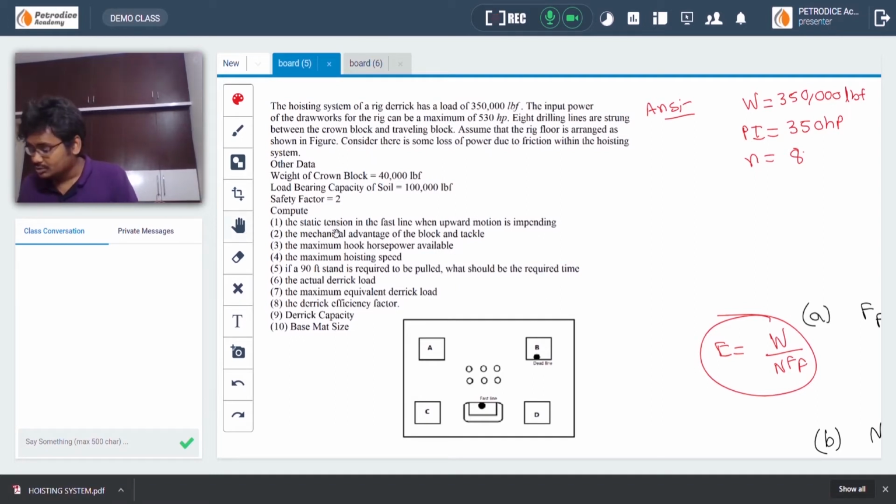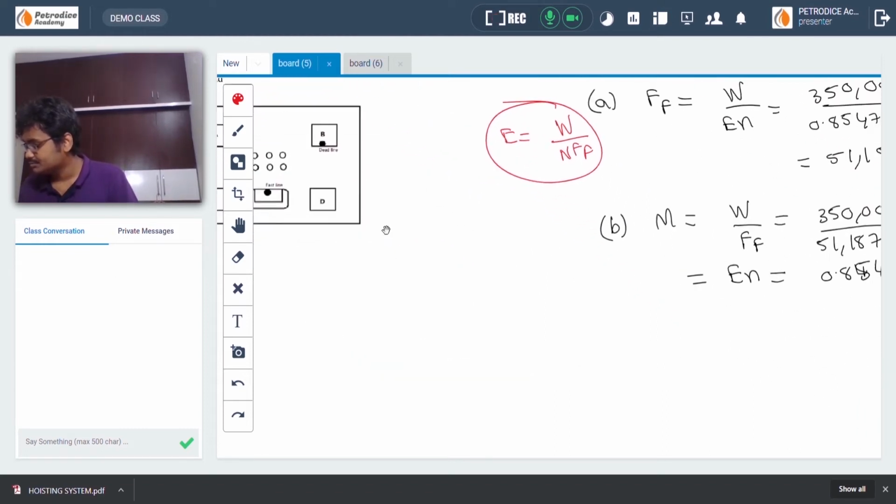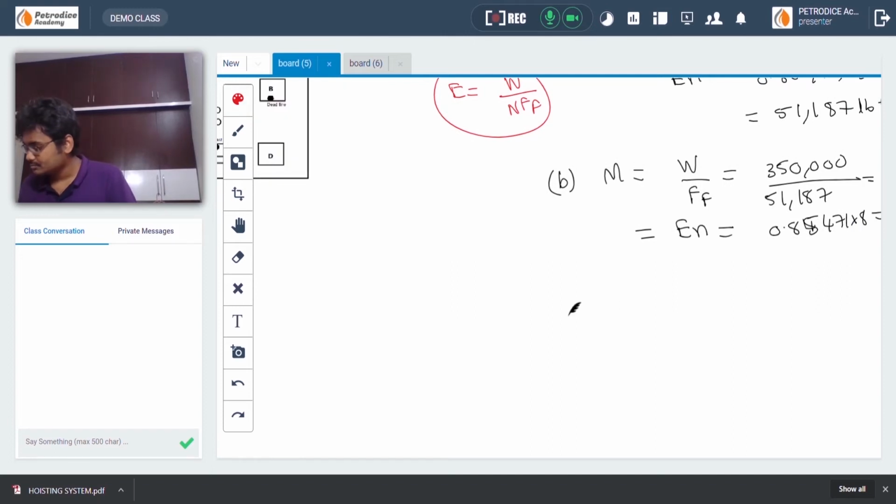The maximum hook horsepower available is the output horsepower, so we have to calculate power output. Efficiency is given by power output by power input, and power output is equal to power input times efficiency.